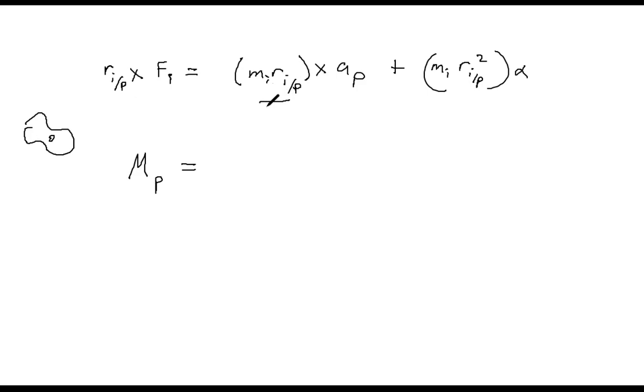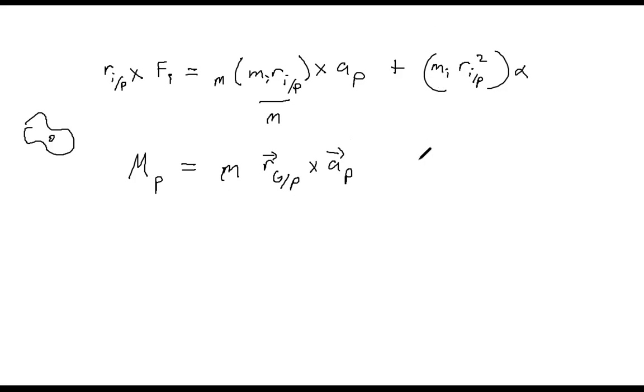So if you divide by the total mass and multiply by the total mass, this becomes M times the cross product of the center of mass position relative to P crossed with the acceleration. So that's just going to be R_GP, where G is for the center of mass position, cross A_P.